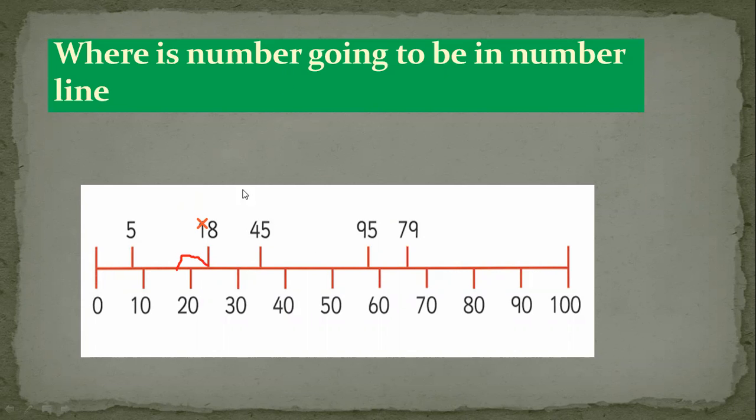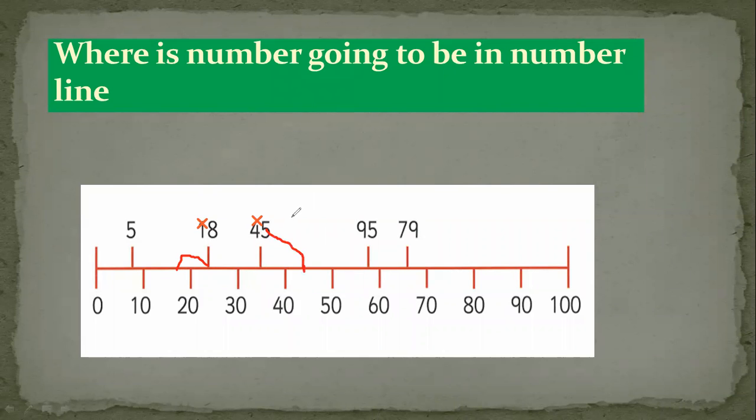Okay, next. Next number is 45. So they put it between 30 and 40. No, 45 should be between 40 and 50. So 45 is the midpoint between 40 and 50. So we are going to place it between 40 and 50.